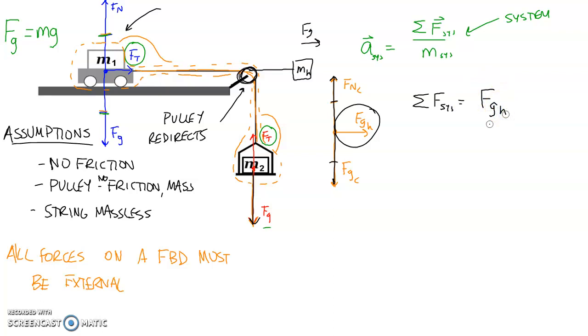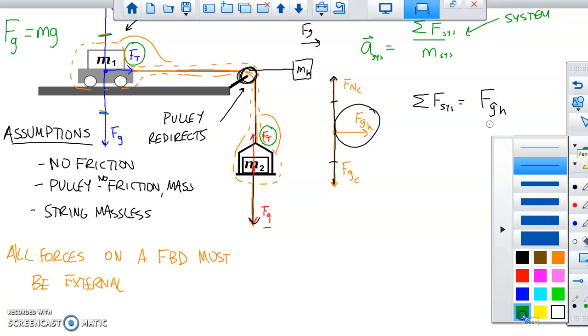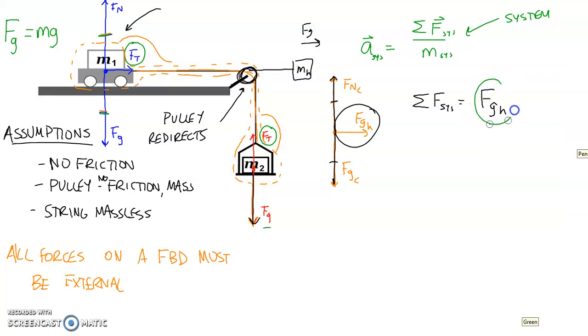Knowing Newton's second law, which is what's in green there, I'm going to plug this in for our system. So the acceleration of the system is equal to F_GH divided by the mass of the system. Here's the thing, it's the mass of the system, the whole thing. So we have to include M1 and M2 in our system.